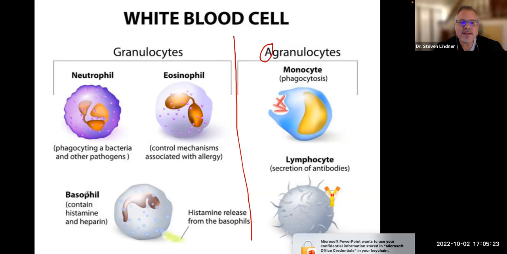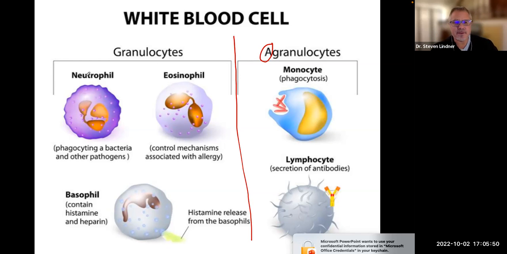The granular sites are the basophils, eosinophils, and neutrophils. And when you get blood work and you get a complete blood count, these things are broken down. So you can get a neutrophil count, an eosinophil count, and a basophil count. And having low or high amounts of these are somewhat clues or diagnostic in terms of differential diagnoses.